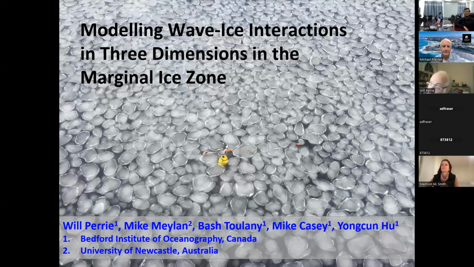It was co-led with Maddie Smith, who will also speak after me. The photograph shows ice floes and a wave instrument in the ice. My co-authors are Mike Mylan, Ash Delaney, Mike Casey, and Young-Chen Hu.